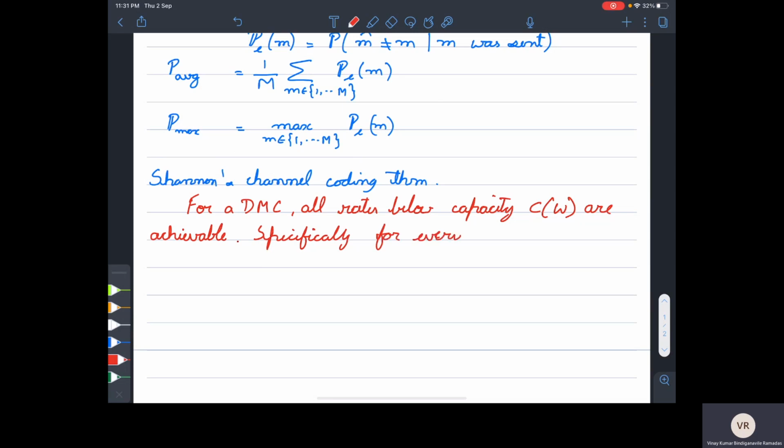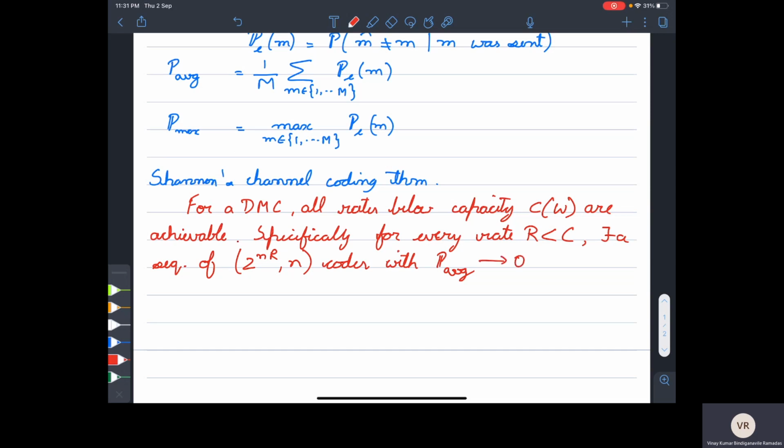For every rate R less than C, there exists a sequence of (2^{nR}, n) codes with, so here I'll take the average probability of error. You can state the same for the maximum probability of error, the worst case probability of error, as well, going to 0 as n goes to infinity.